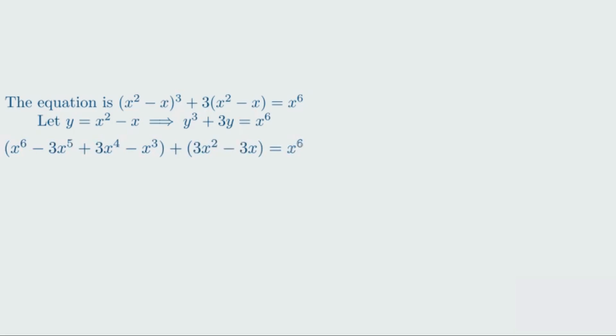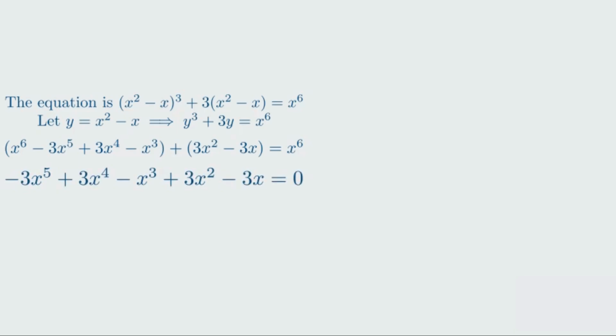This equals x to the sixth. As we correctly identified, the x to the sixth terms cancel out. This leaves us with the quintic polynomial, negative 3x to the fifth plus 3x to the fourth minus x cubed plus 3x squared minus 3x equals 0. So, this equation is correct.